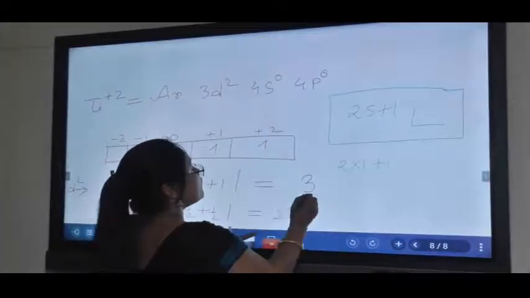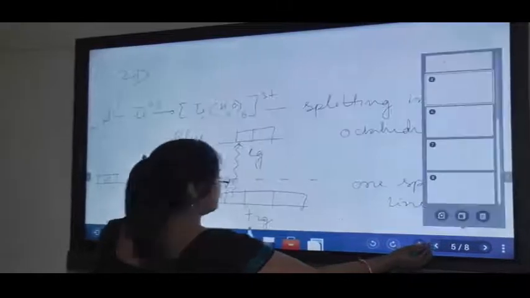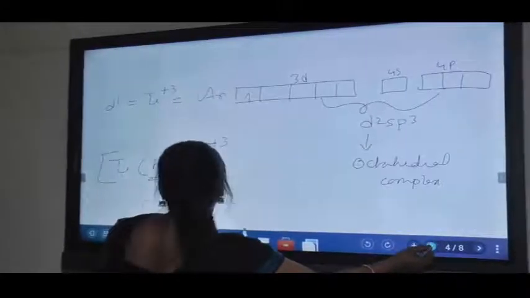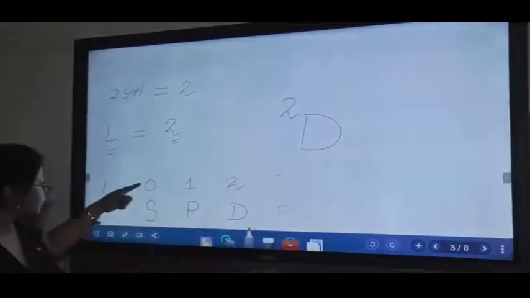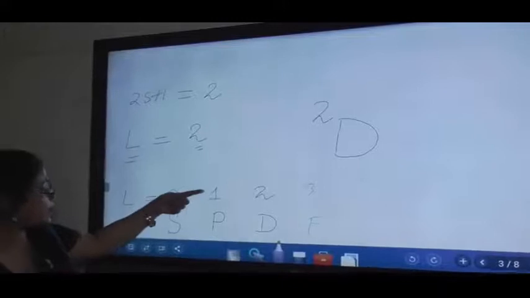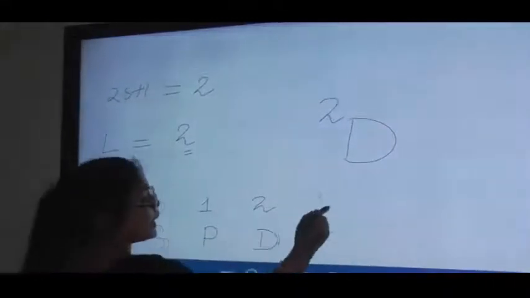Now, value of L is equal to 3. I have shown before also that for L value 0, it will be S. For L value 1, it will be P. For L value 2, it will be D. For L value 3, it will be an F term.